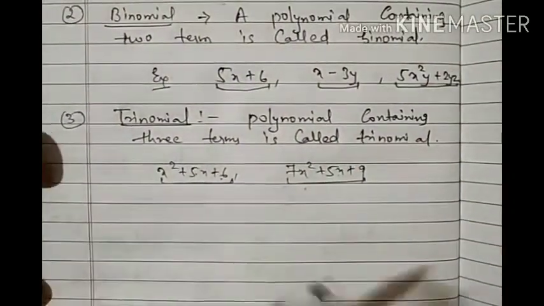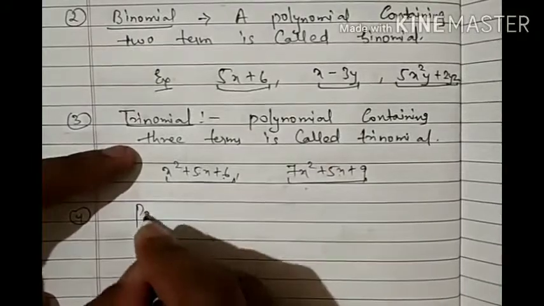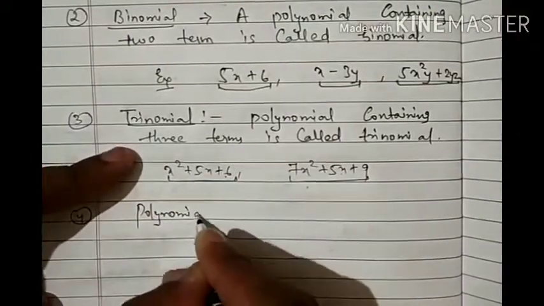These are trinomials. Now the next is polynomial. Poly means many.